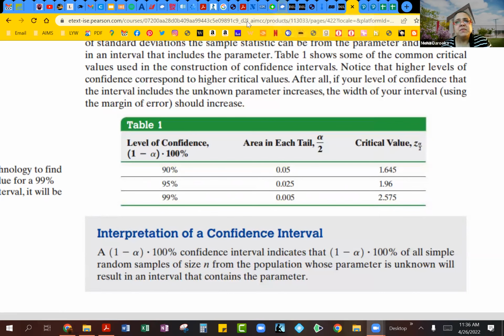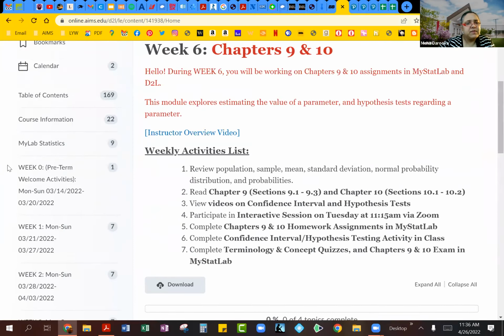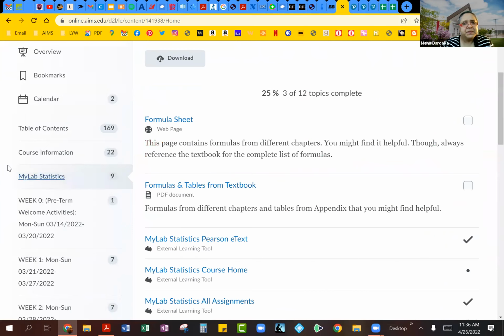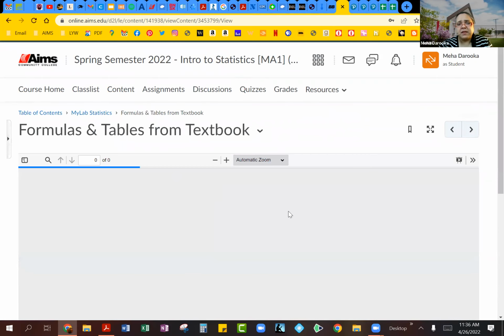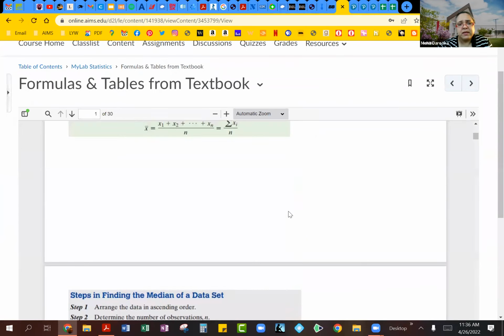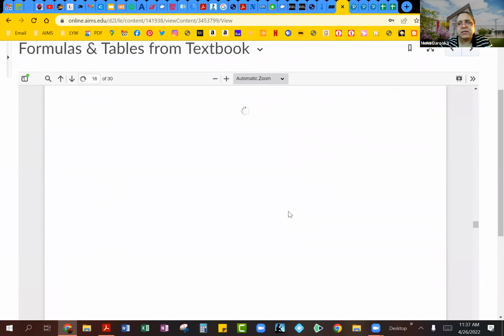I think it may be in your course shell here. I believe I've included that. So under my lab statistics, I have actually given you this formula and tables from our textbook. And if you click on that, towards the end is where we have all the tables in this.